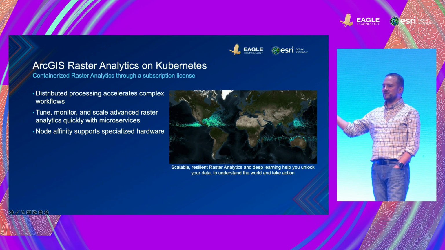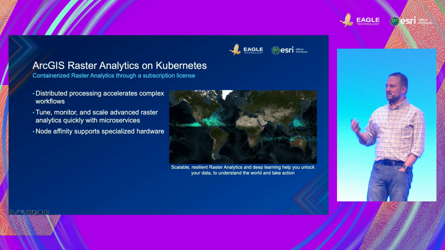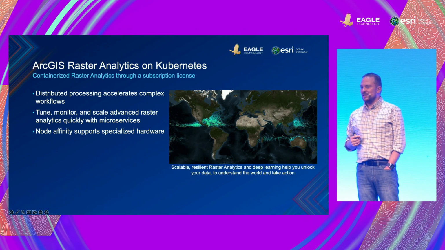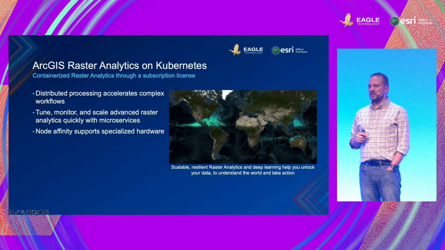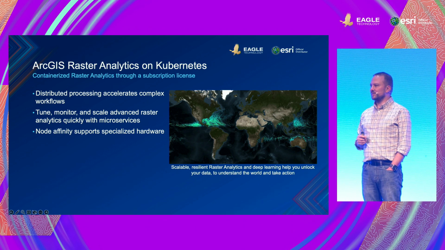Setting up hundreds of machines potentially to analyze or process billions and trillions of pixels is not really anybody's idea of a very good time. Even in a cloud environment, spinning up 100 VMs takes a lot of time.